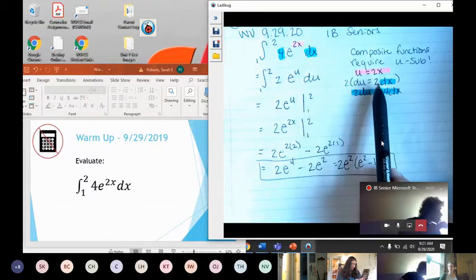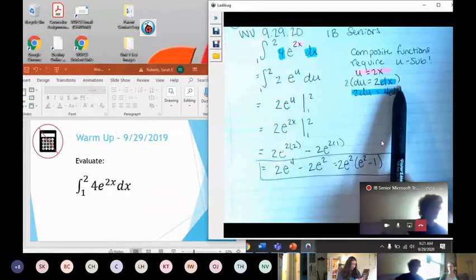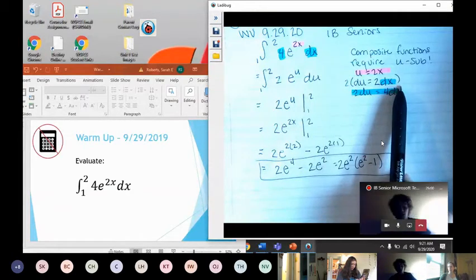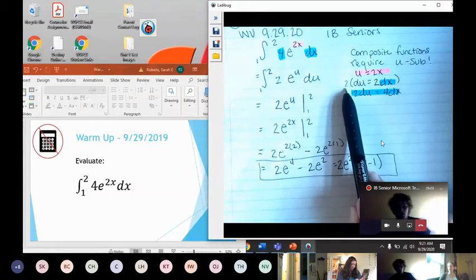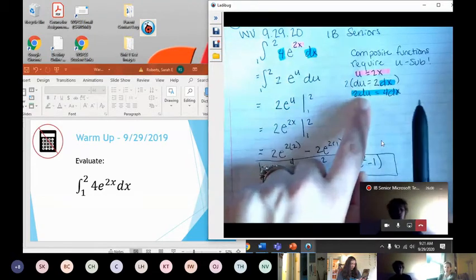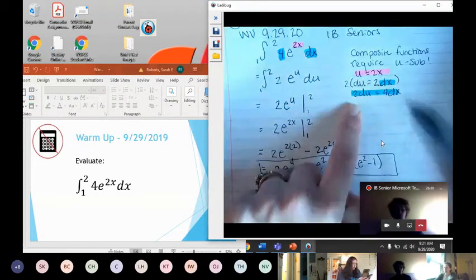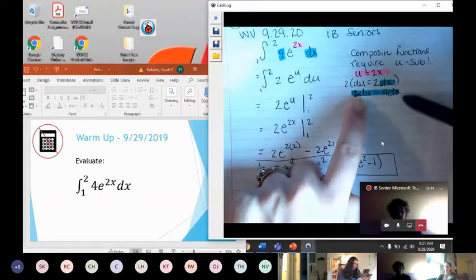So we have to think of something we can multiply the whole equation by to get that 4. To get this to be a 4, we can multiply everything by 2, which means that instead of just subbing back in a single du, we have to sub back in a 2 du to replace the 4 dx.